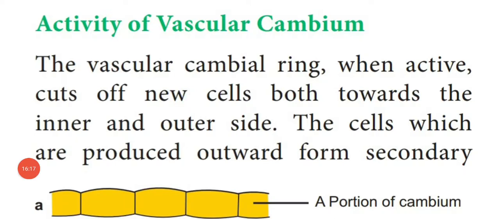So next we are going to see the activity of vascular cambium. Dear students, in the previous paragraph we have seen that intrafascicular cambium and interfascicular cambium join together to form a continuous ring-like structure called the vascular cambial ring.